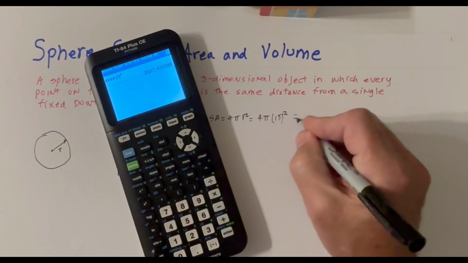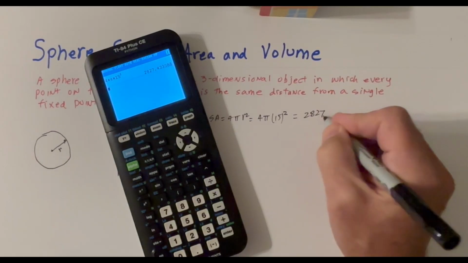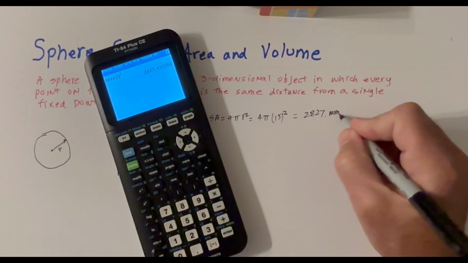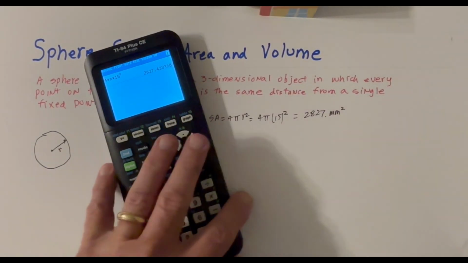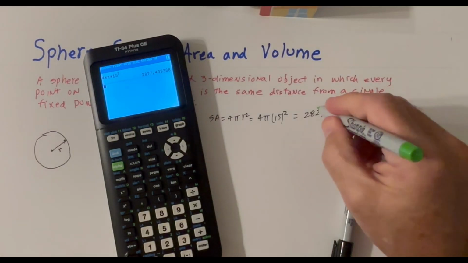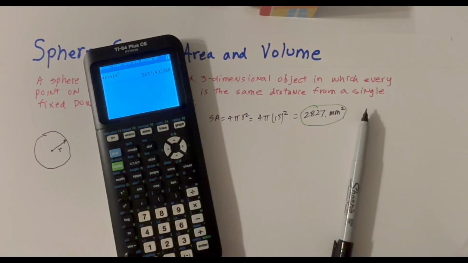So our surface area is 2827, and we got some more digits here. We're not going to worry about those. And that's going to be millimeters squared. So 2,827 square millimeters, that's going to be our surface area.